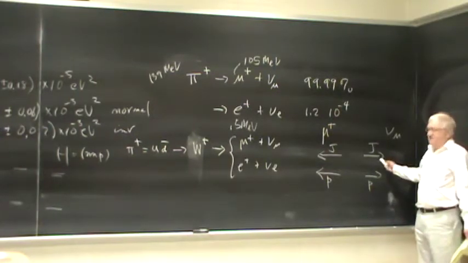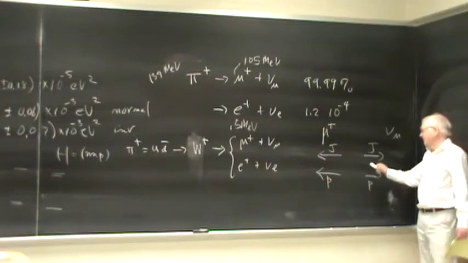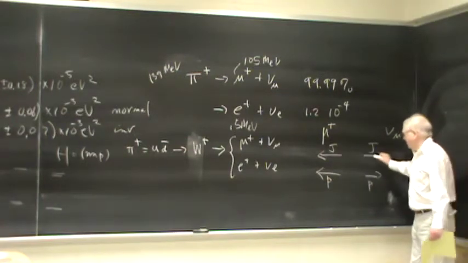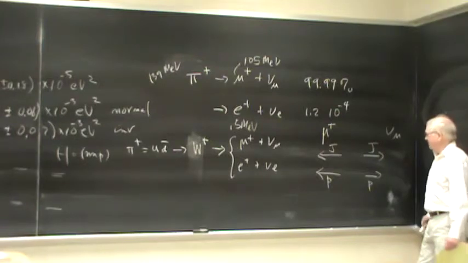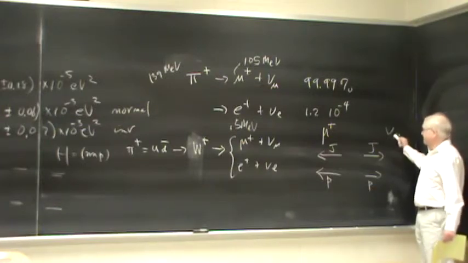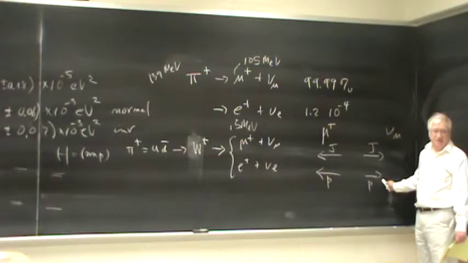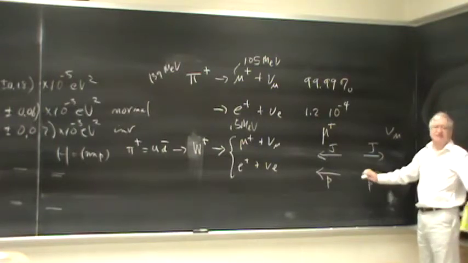Well, now what's going on? Well, this is a nu mu, and you see it's right-handed. Okay, so this is completely impossible.